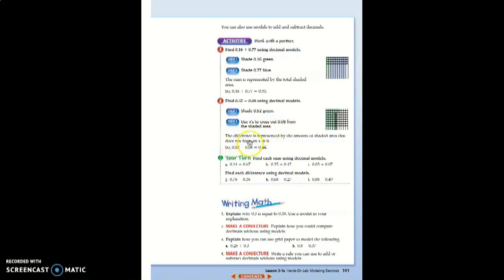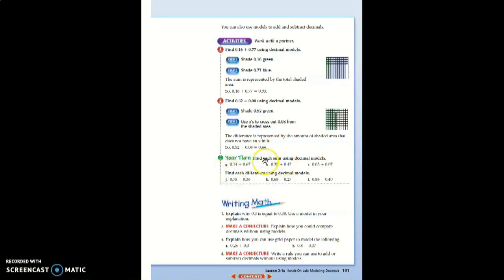The difference is represented by the amount of shaded area that does not have an X in it. So 0.52 minus 0.08 is 0.44.